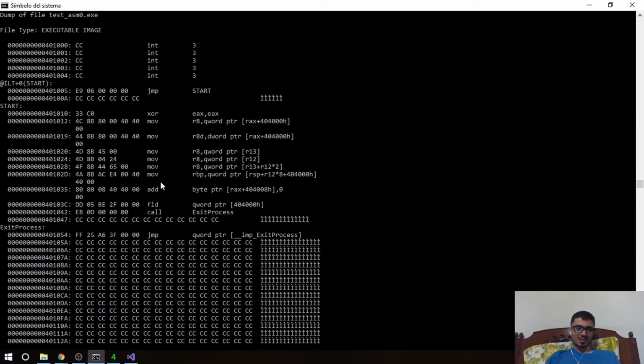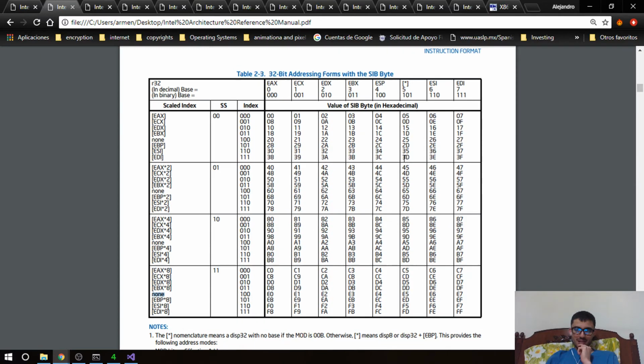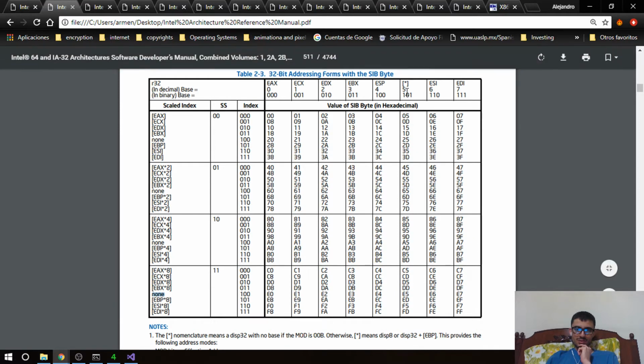Okay, so it's using 44, then I'm choosing 65 on the SIB. It's this one. That means I'm just choosing none in there, and I am choosing R13. So this whole thing here is just nonsense.